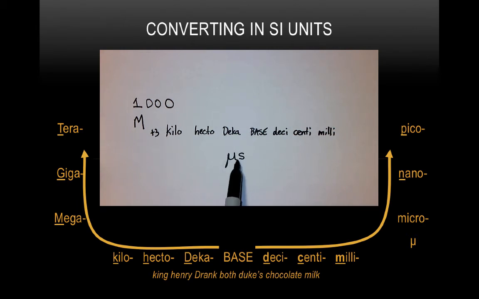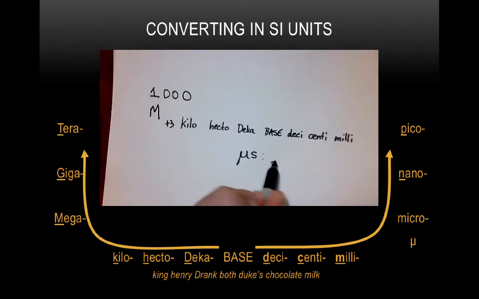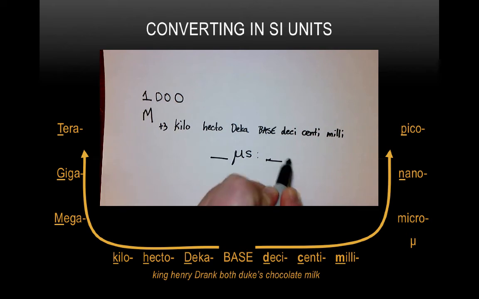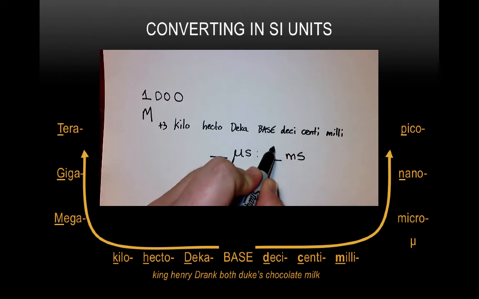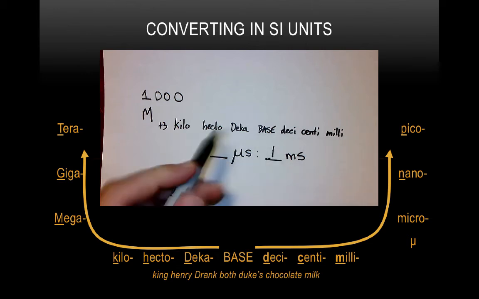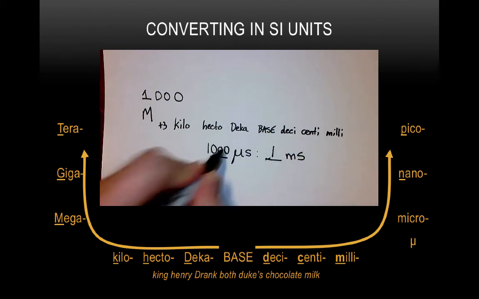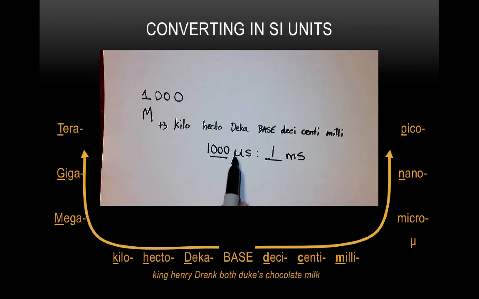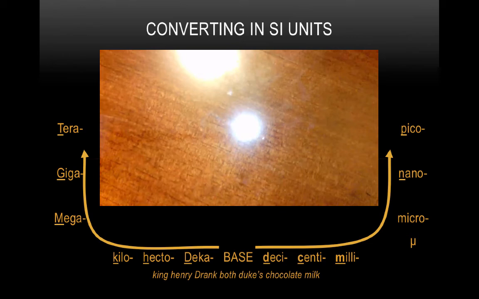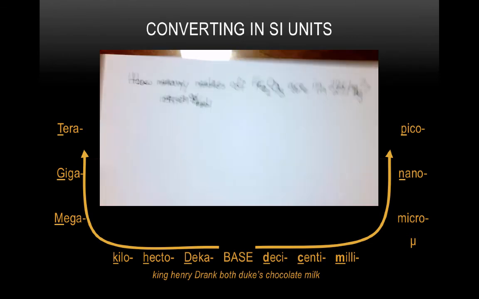So if we were to want to convert that to milliseconds, then we would be at milli, we'd put a 1, we'd go over 3 steps for 1,000, so 1,000 microseconds in a millisecond.